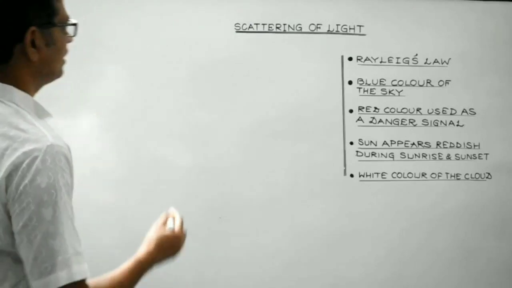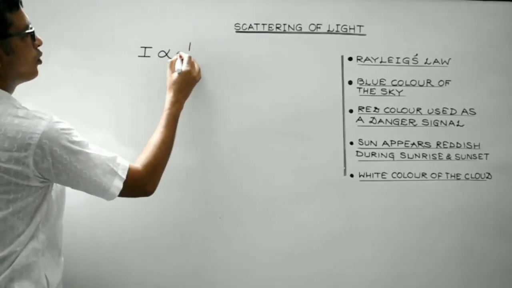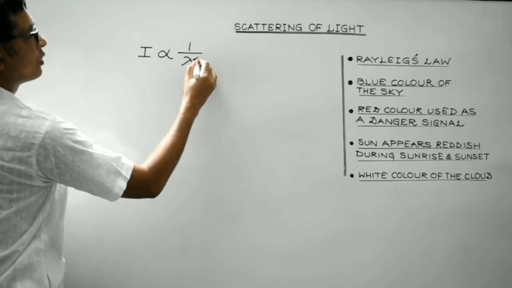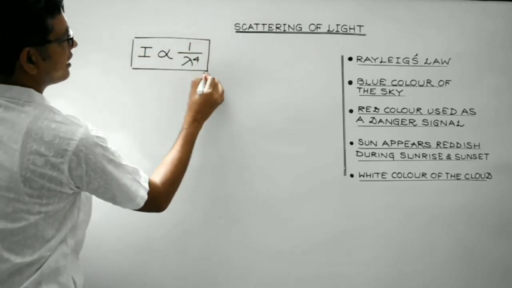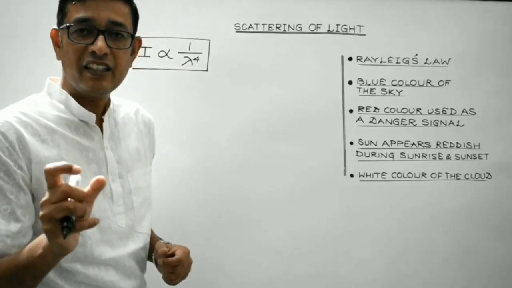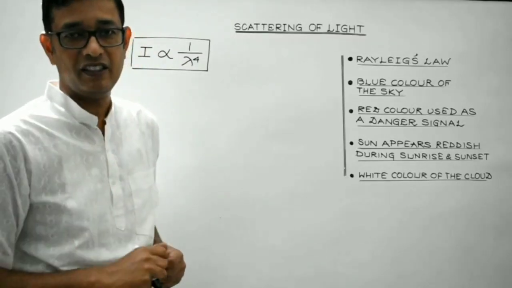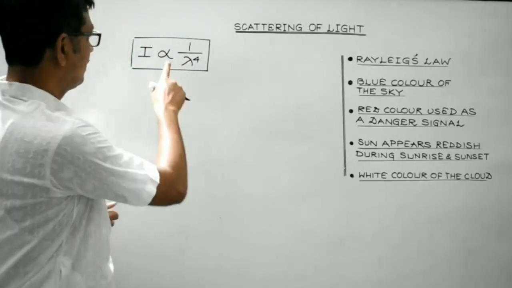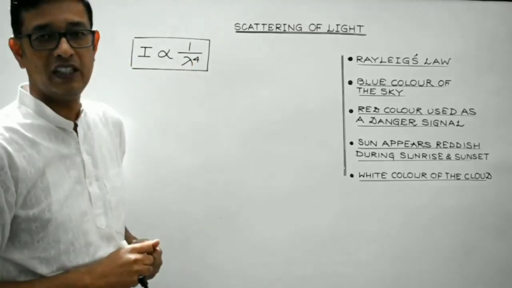That is, mathematically, I is inversely proportional to the fourth power of the wavelength. This is Rayleigh's law of scattering. I is the intensity of the light corresponding to a particular wavelength in the scattered light. It is inversely proportional to the fourth power of the wavelength of the light.